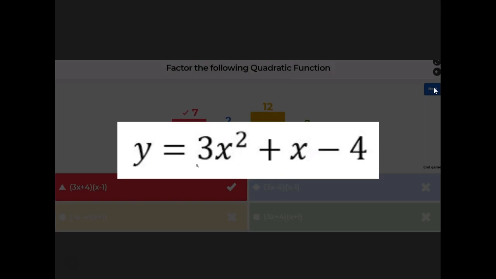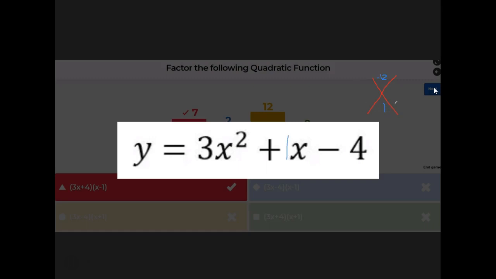You have y equals 3x squared plus x minus 4. So the first thing you should do is set up your magic x. So 3 times negative 4 is negative 12. This number here is a positive 1.